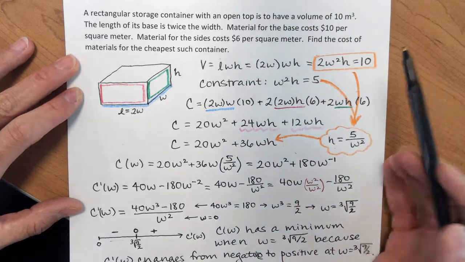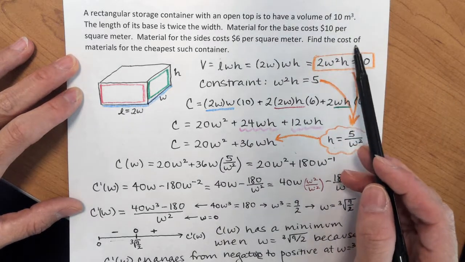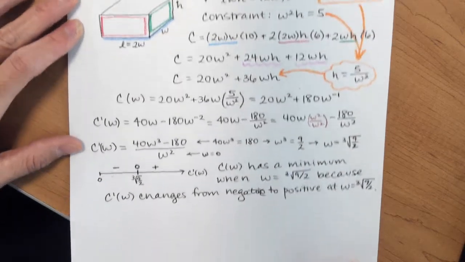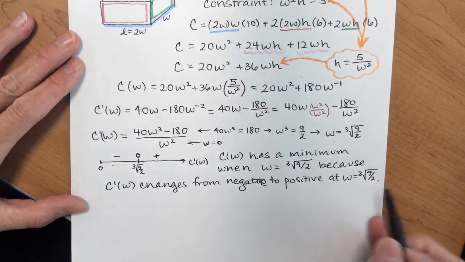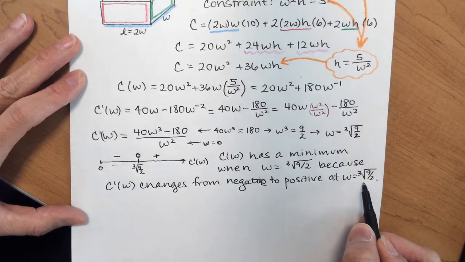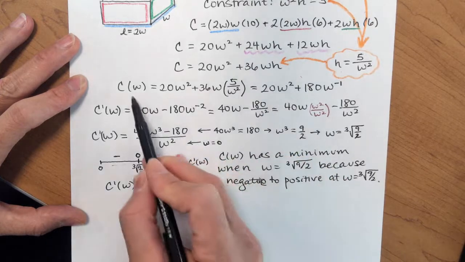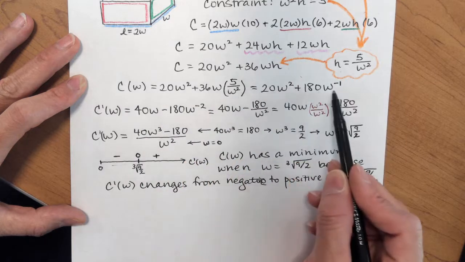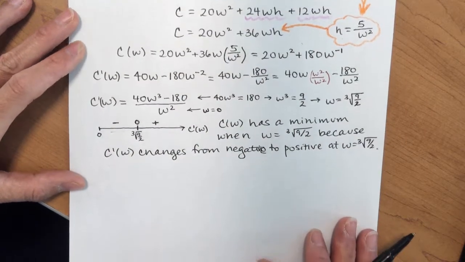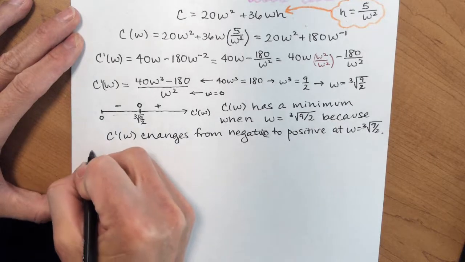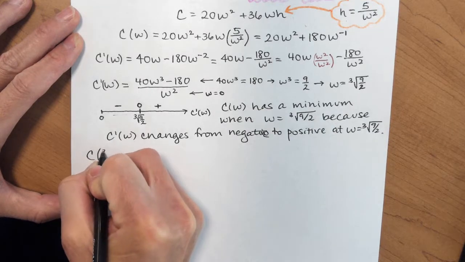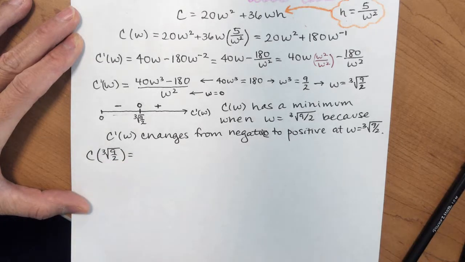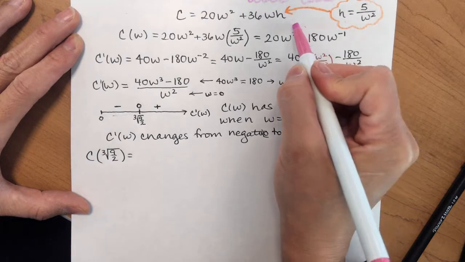And the question is asking to find the actual cost, the minimum cost of this box. So I'm going to take my W is the cube root of 9/2, and I'm going to plug it into the cost equation. Remember, here I have the cost equation just in terms of W. So it is going to be C, the cost when W is the cube root of 9/2, equals, and I am using this equation right here.